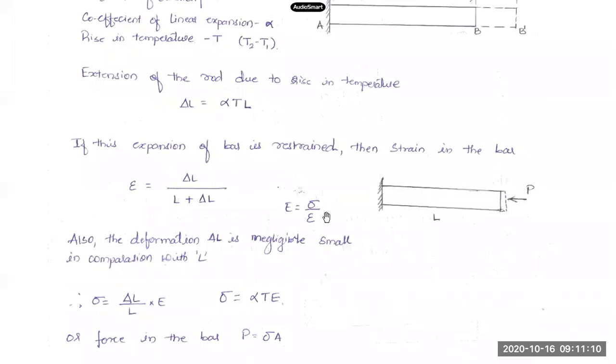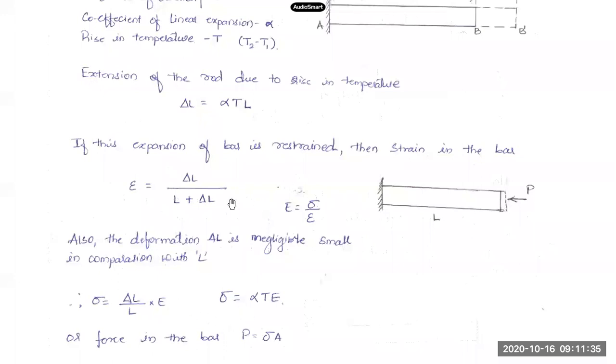If I want to find the stress sigma, it will be epsilon times E, strain multiplied by modulus of elasticity. So here I have my strain delta L by L into the modulus of elasticity. What was this delta L equal to? This was alpha T into L, the expansion of the bar under the change in temperature.